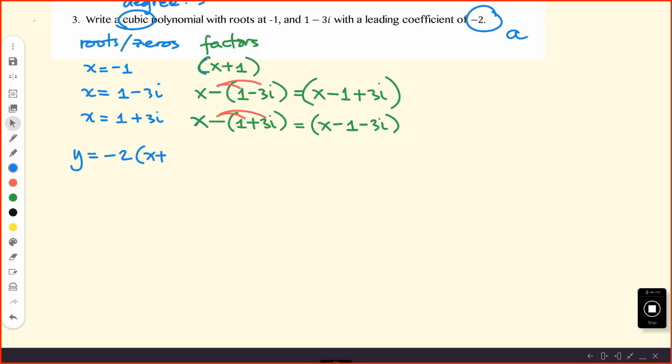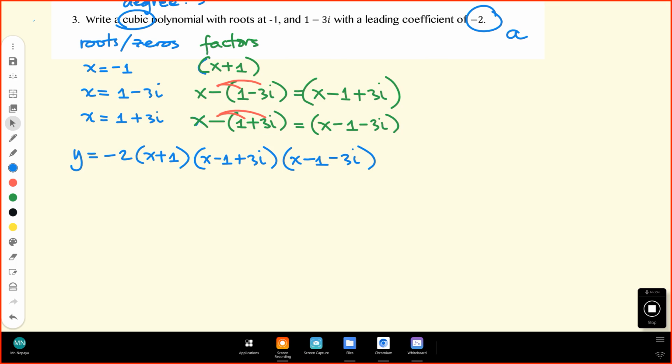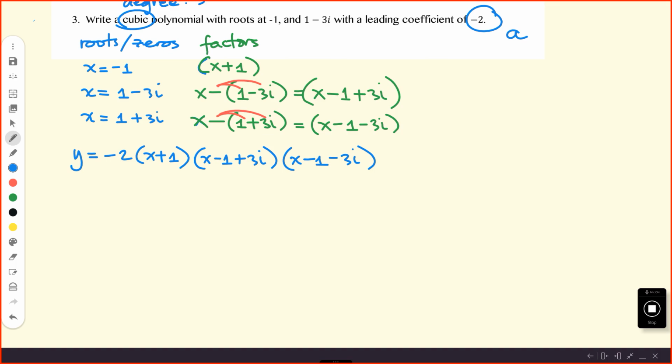So x plus 1, and then x minus 1 plus 3i, and then x minus 1 minus 3i. Okay, do you understand until this part? Okay, does that make sense? Again, this is your intercept or factored form.